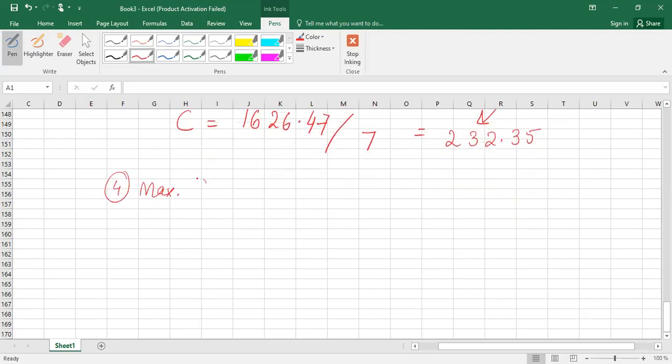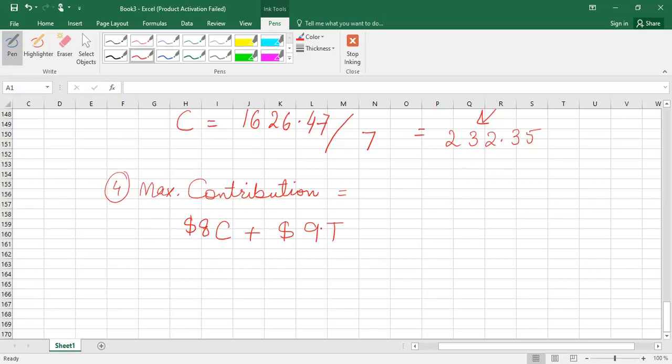the maximum contribution. We assume 8C plus 9T is the maximum contribution. Now there are different answers.